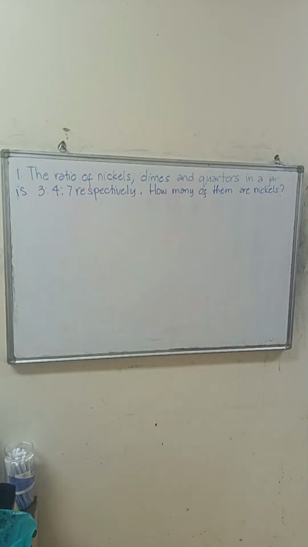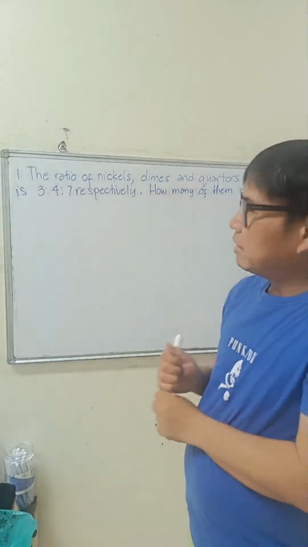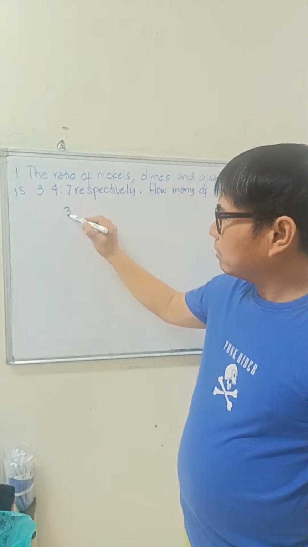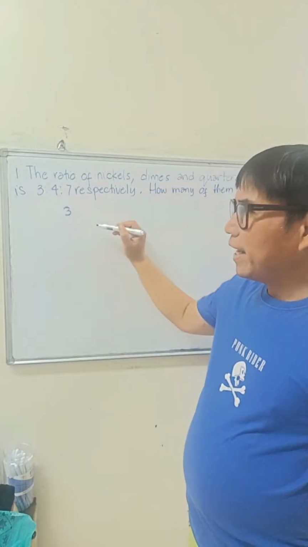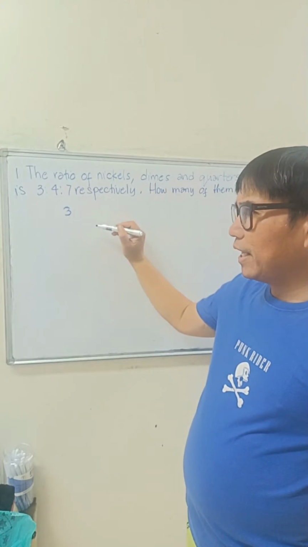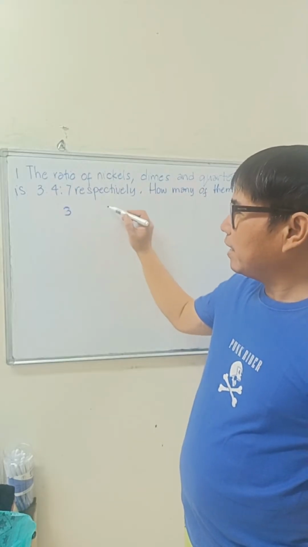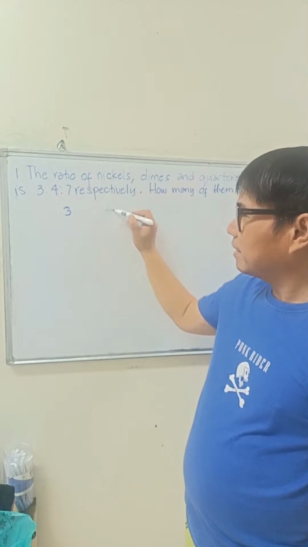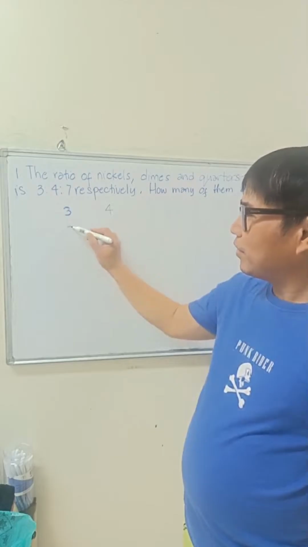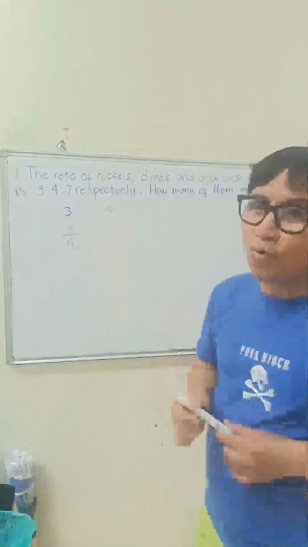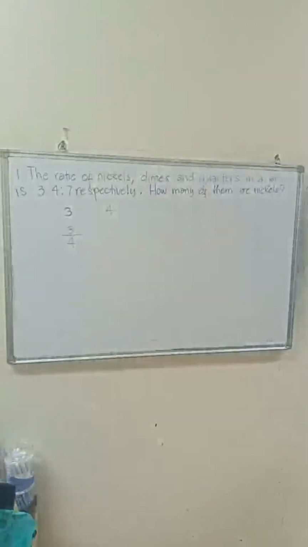For example, if there are 3 boys and then there are 4 girls, the ratio will be 3:4. There are 3 boys out of 4 girls.